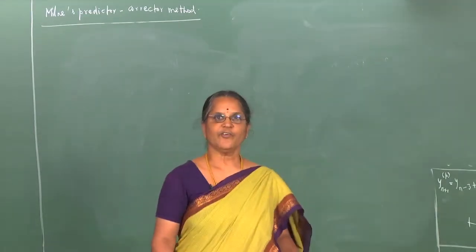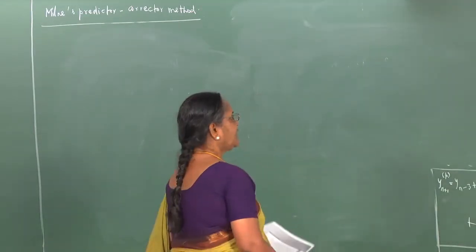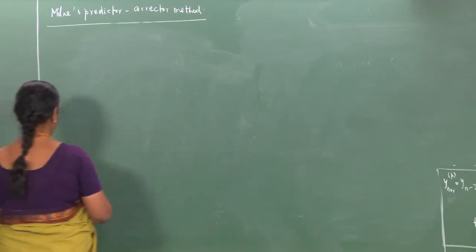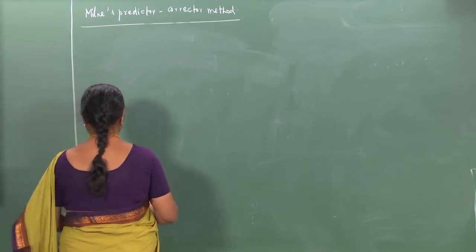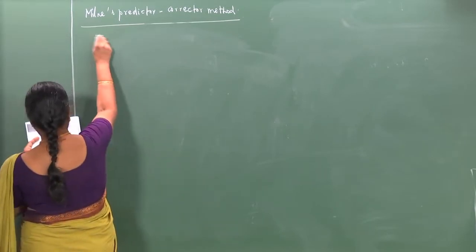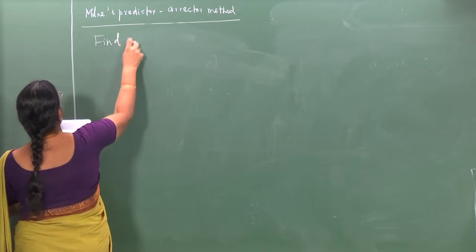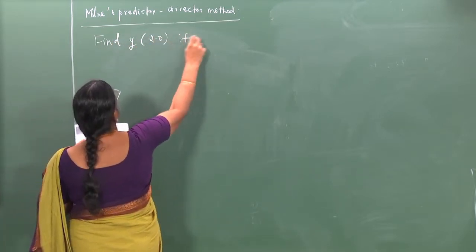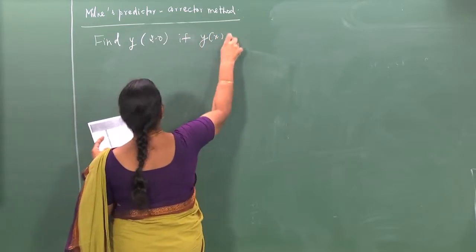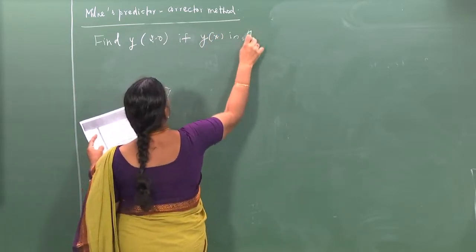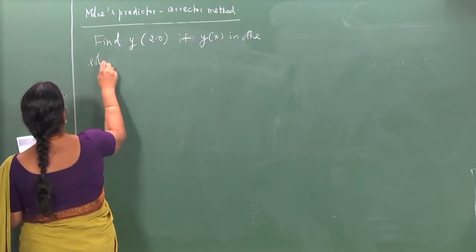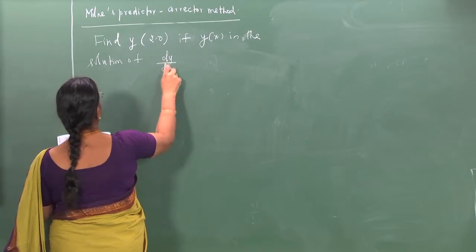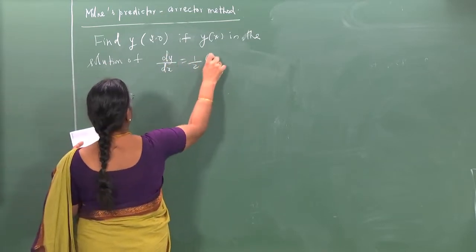Let us now consider the following example and solve it using Milne's predictor-corrector method. Find y at 2.0, if y of x is the solution of dy by dx equal to half of x plus y.